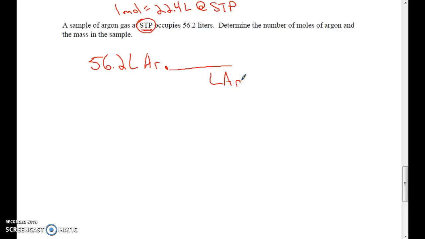We have liters of argon per mole of argon, and we have the conversion factor right up here, 22.4 liters. Since it's asking to determine the number of moles of argon and mass in the sample, we can do this as two different steps. 56.2 divided by 22.4 gives us that 2.51.